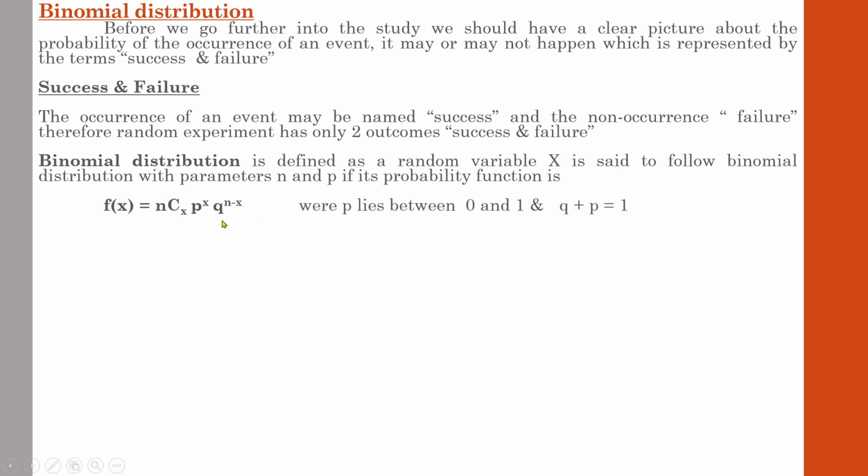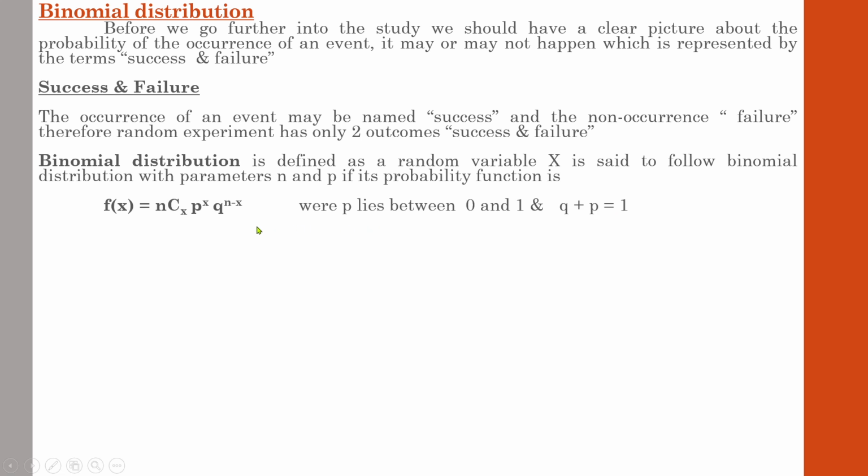Here p and q, let us begin with that. p always lies between 0 and 1. p means success of an event, so it will always be a value between 0 and 1. And q is represented by 1 minus p. So otherwise we can write q plus p equal to 1.